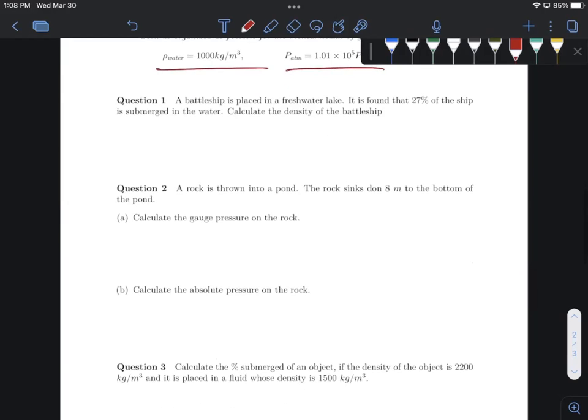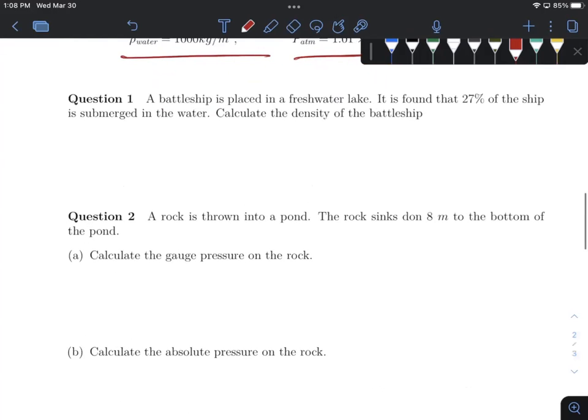For this type of question, I'm thinking of using the equation: percent submerged is equal to the density of the object over the density of the fluid. I want to know the battleship, so that's the density of the object.